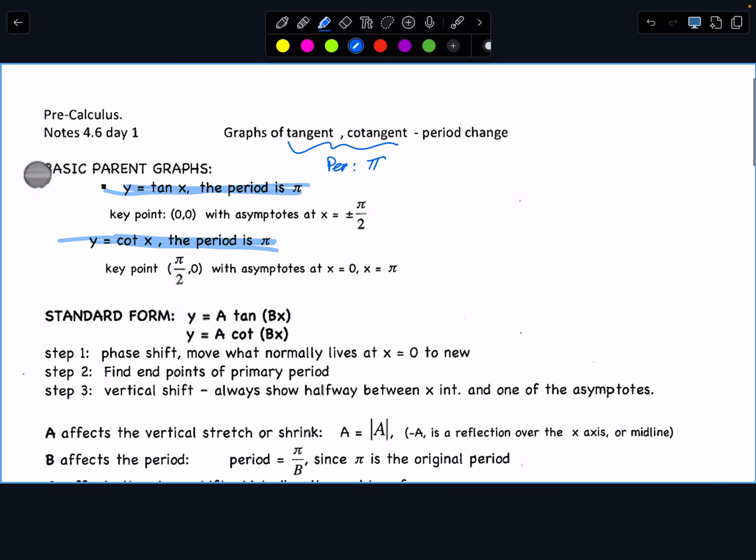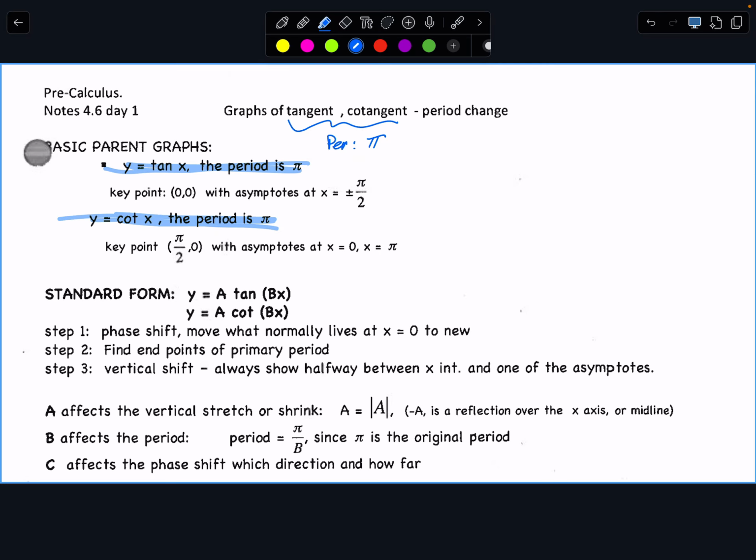And then you have asymptotes for tangent at plus or minus pi halves. And that goes back to the unit circle, the quadrantal angles right here. The point on the unit circle is 0, 1. And right here it is 0, negative 1. And so tangent of pi halves, since it's defined to be y over x, you get 1 over 0, and it is undefined.